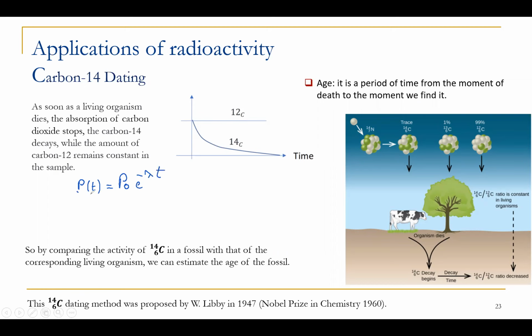In general, the number of atoms equals the number of moles times Avogadro's number. We can say it equals n for this element times Na. Okay, n is the number of moles. You know, the total number of atoms equals n times Avogadro's number.